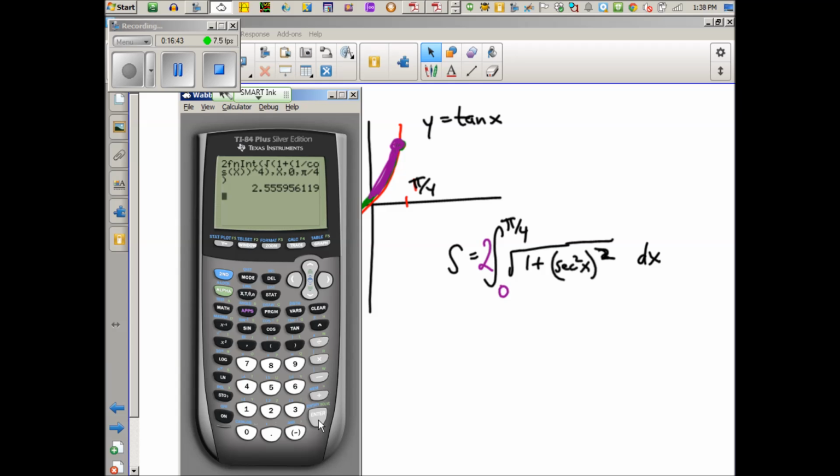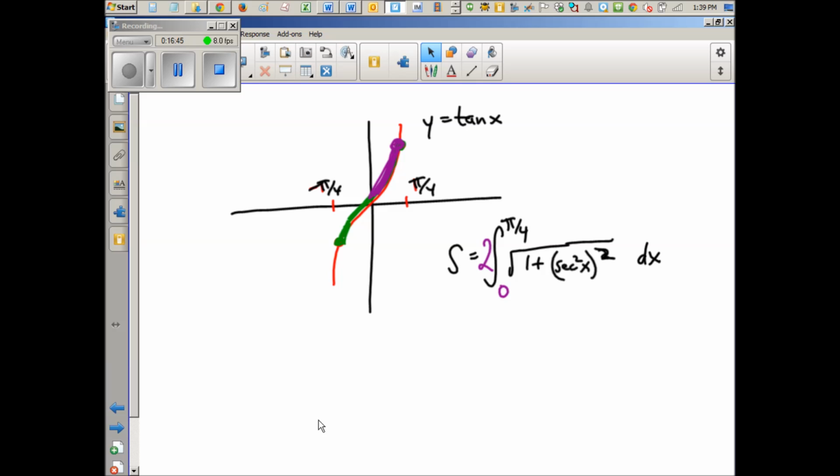Yeah, so truncate around, so you get 2.555, or you can round that last digit to a 6. Change the limits of integration to negative pi over 4 and pi over 4. I think I wrote 1 and negative 1 here the first time by accident.